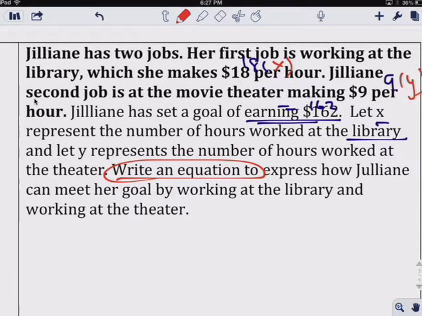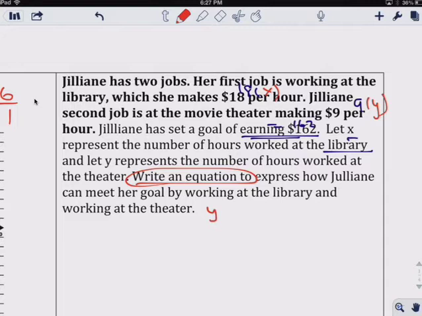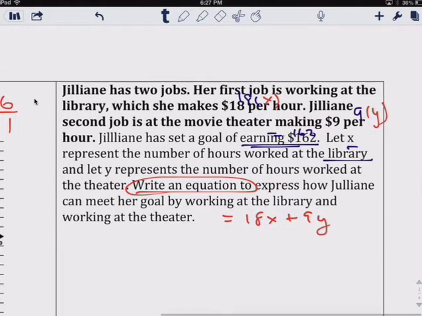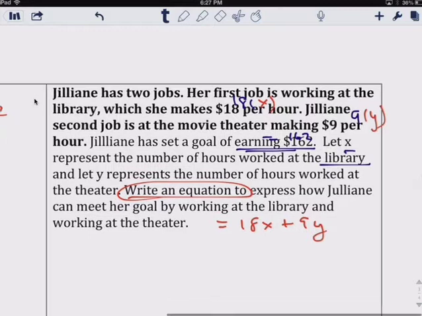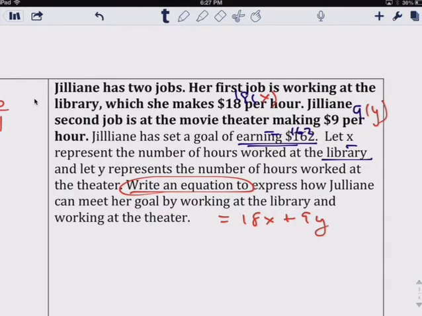Okay, an equation. So we got 18x plus 9y equals 162, because we got the total here of 162.